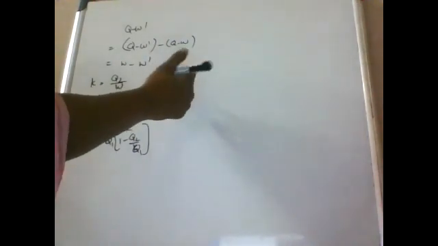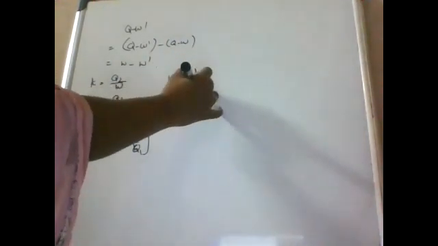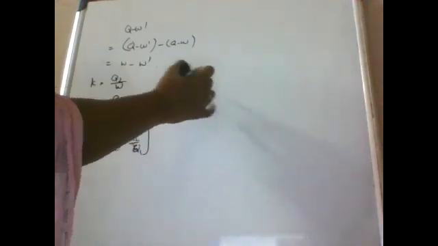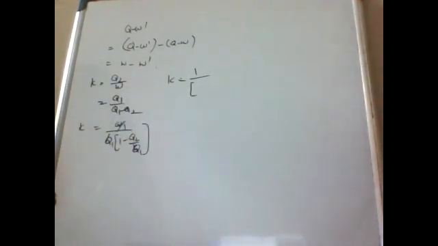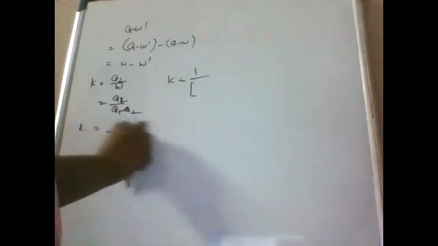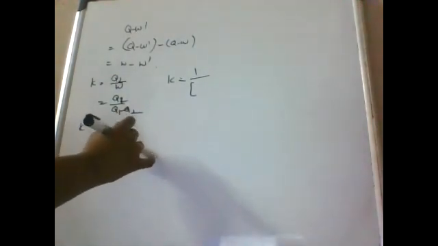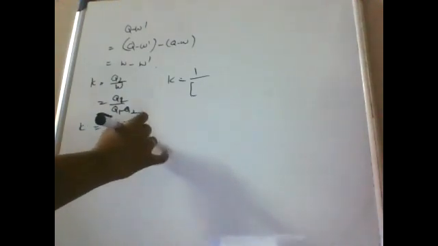K equals 1 by, or here we write Q2, then Q2 common, Q1 by Q2 minus 1.